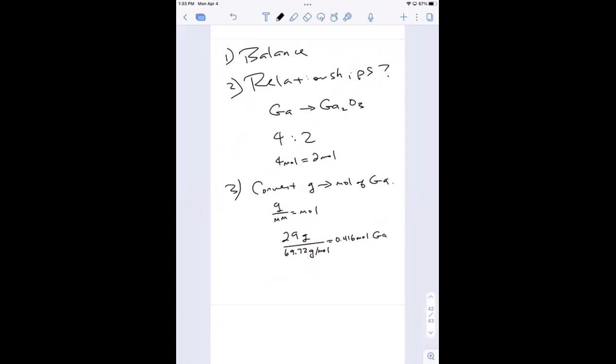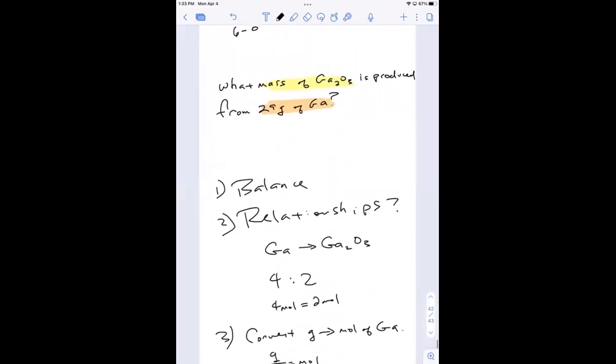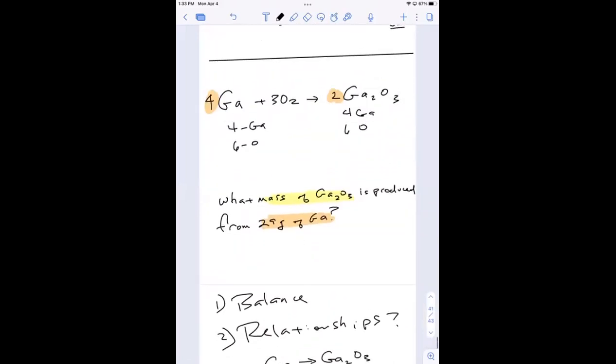We got our gallium metal in moles, and we can convert that number of moles to anything in this equation. Here we only have 3 terms, but if we had a 4-term equation with 2 reactants giving you 2 products, it doesn't matter which of those other 3 you want to convert to, as long as you know the coefficients.